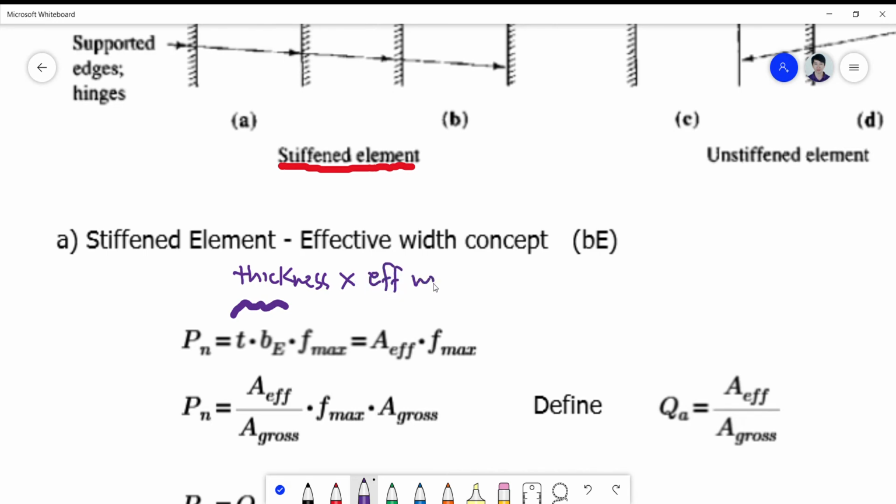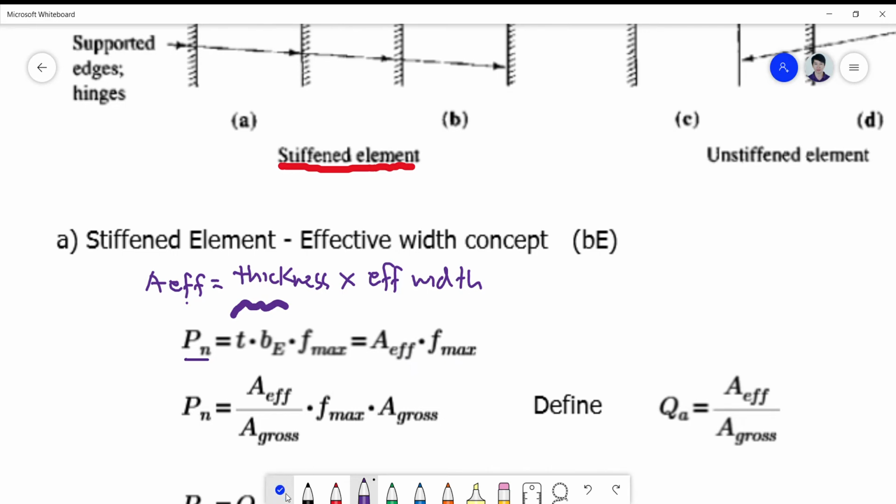The effective area multiplied by the maximum stress, considered as uniform, will be equal to your actual load Pn, or in short, A effective multiplied by F max.